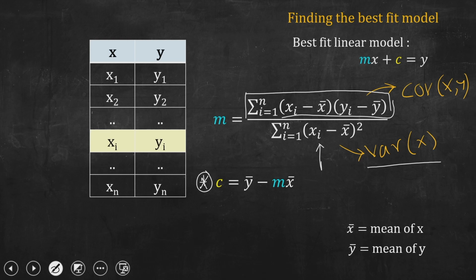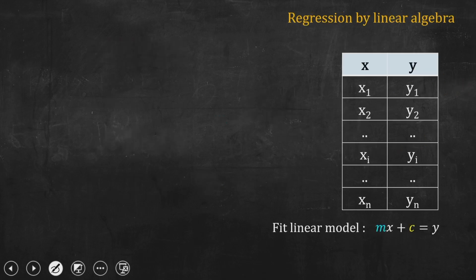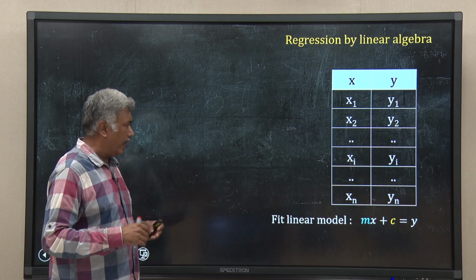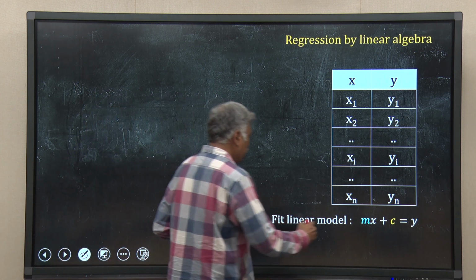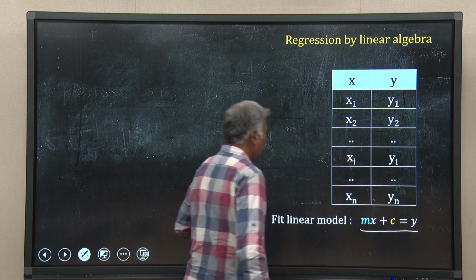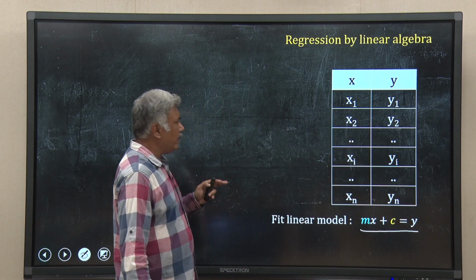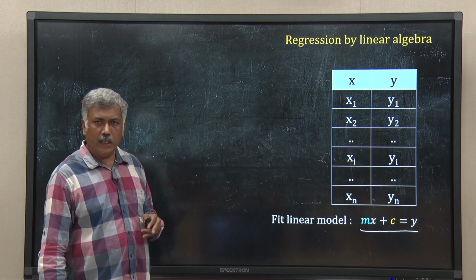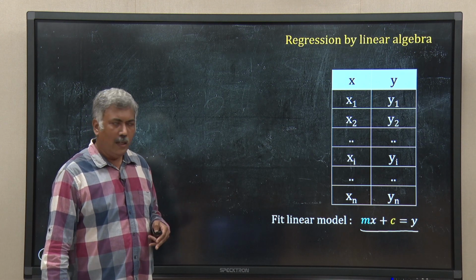So, let us briefly look into how linear algebra transforms this problem. I have the same data set of data points, and I want to fit it to y equal to mx plus c. I will convert this data set into a system of linear equations, because we are fitting it to a linear model.